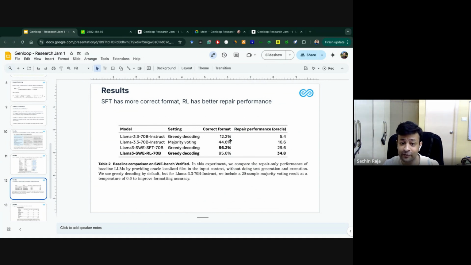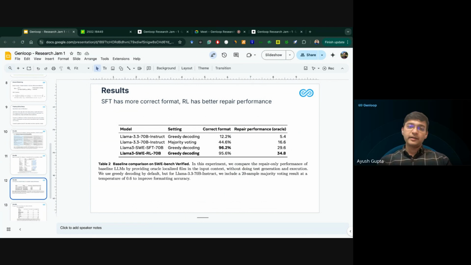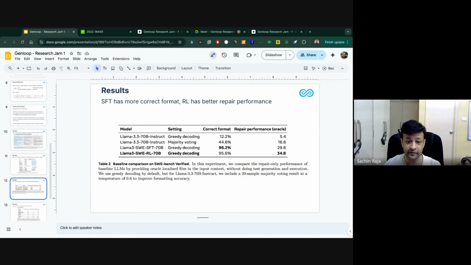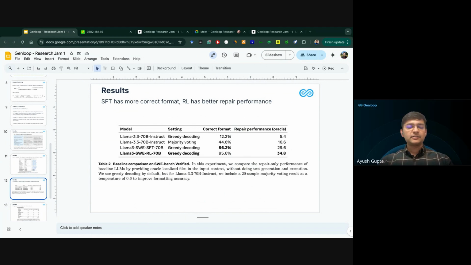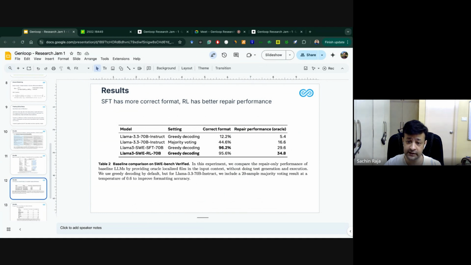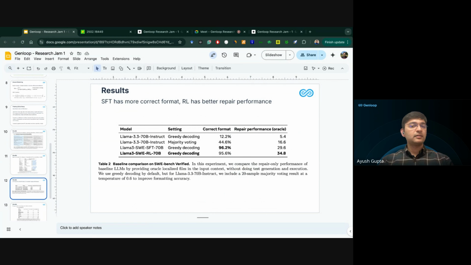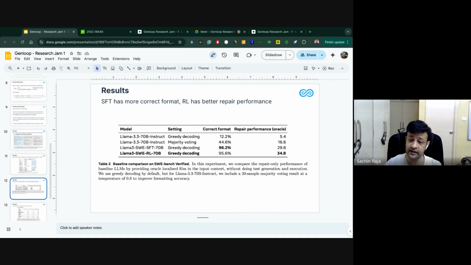Again, an interesting experiment can be to take this Llama 3 SWE-SFT 70B, and during inference time possibly introduce wait tokens randomly to see if that actually helps to improve the performance. The SFT one or the RL one? The SFT one. But SFT wouldn't be doing thinking, it would be directly doing prediction. Agreed. But given that it is able to achieve a reasonably good repair performance, it implies that it is doing some level of thinking within it.